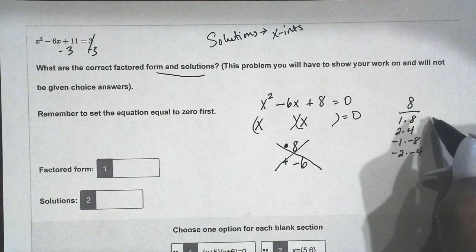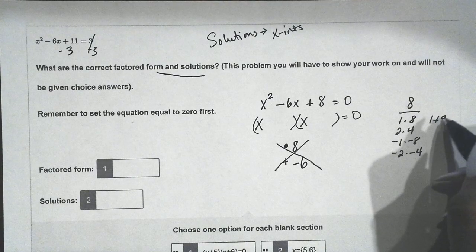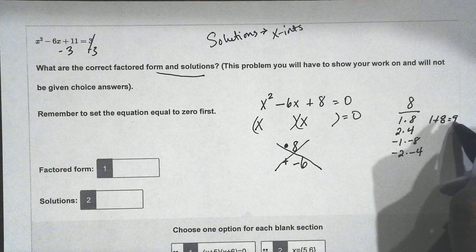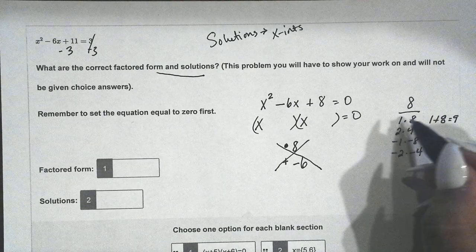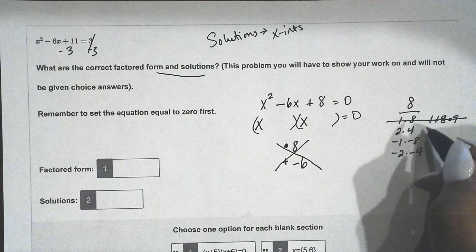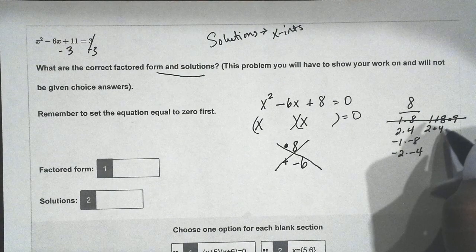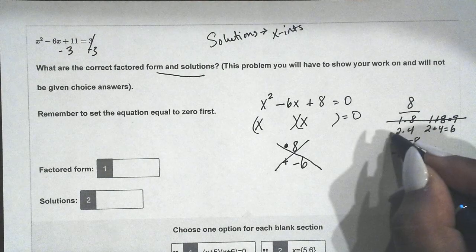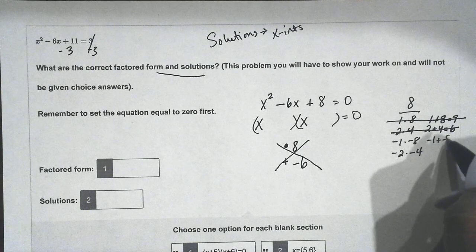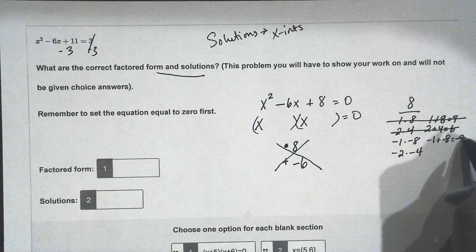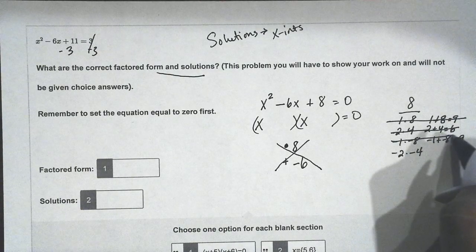Now, when I add 1 plus 8, I get 9, and that is not negative 6, so that's not my answer. When I add 2 plus 4, I get 6. That's not my answer. Negative 1 plus negative 8 is a negative 9, not my answer.